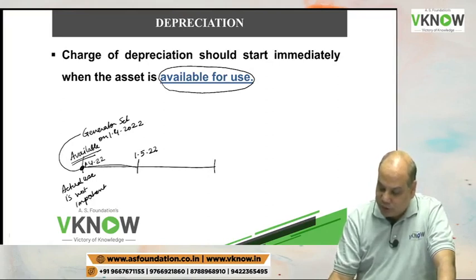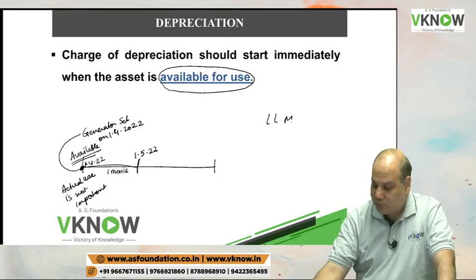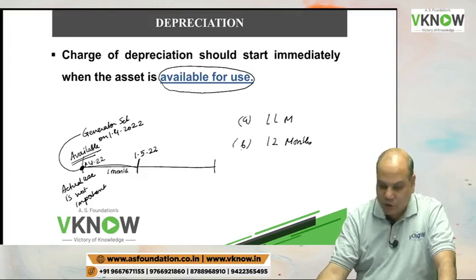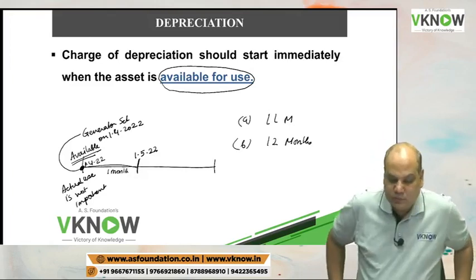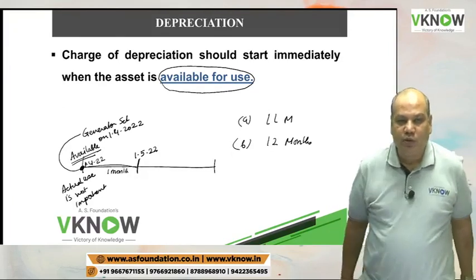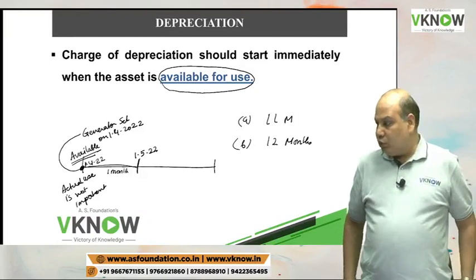So for 1 month, the generator set was lying idle. Will you provide depreciation for 11 months or 12 months? Option A, 11 months. Option B, 12 months. Quickly answer.